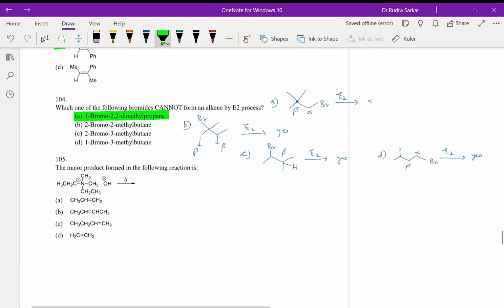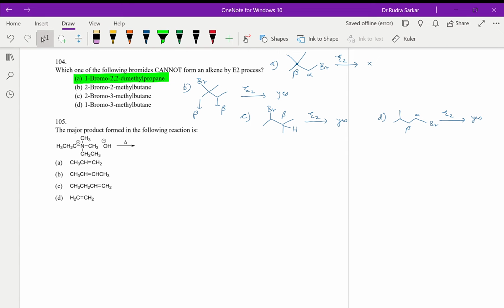Next question is 105. The major product formed in the following reaction. So over here it is basically Hofmann elimination reaction, and it leads to the formation of the least substituted alkene. So let's draw the compound. This is the alpha and that is the beta position.